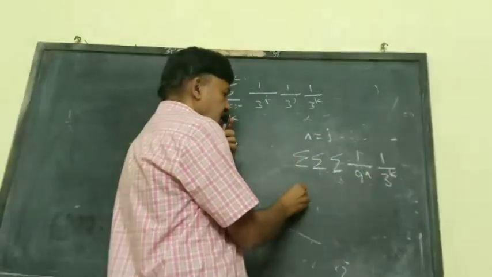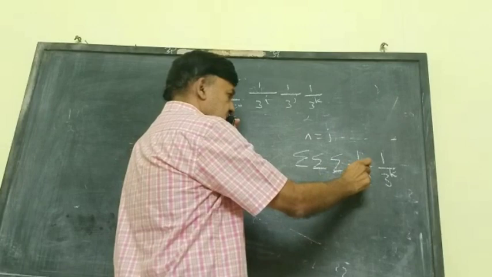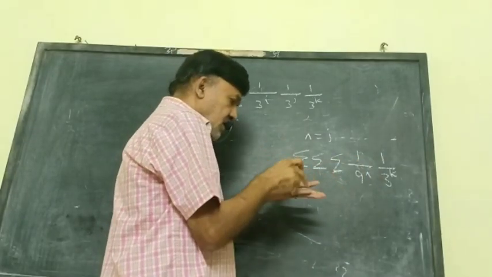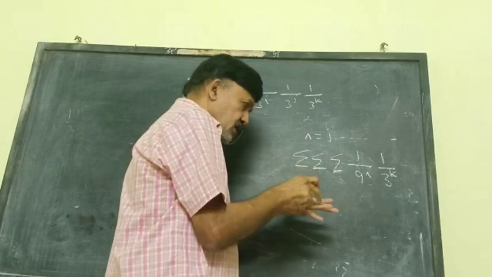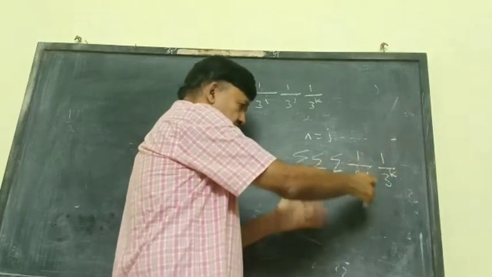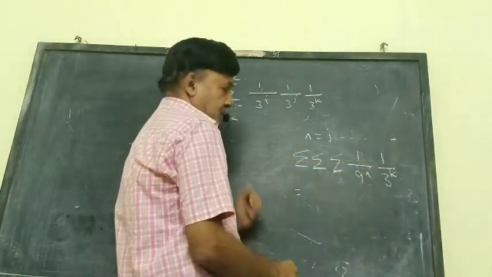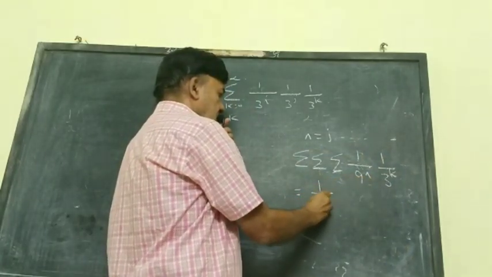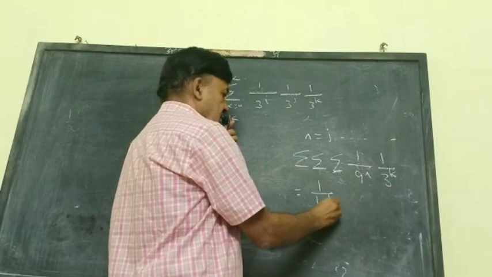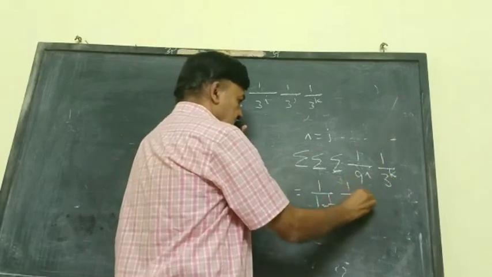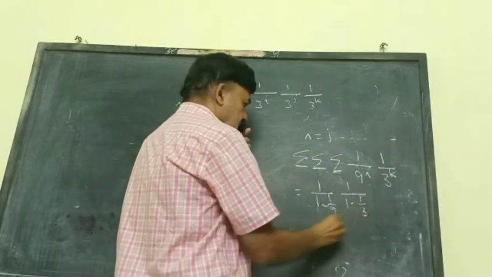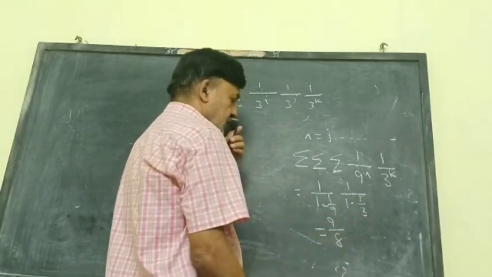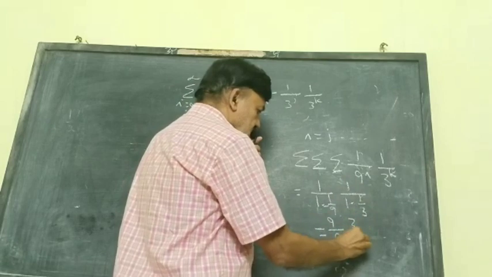Evaluating without restriction, sometimes i equal to j equal to k is also possible in this. So you get 1 by (1 minus 1 by 9) times 1 by (1 minus 1 by 3), which is 9 by 8 times 3 by 2.